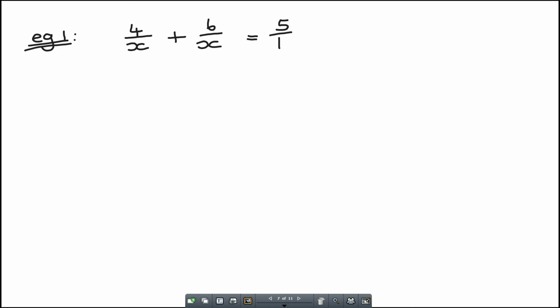So all I've got to change is this one. So how do I make this to x? I'm going to say times x. And if I do it at the bottom, I also have to do it at the top. So then I will have 4 over x plus 6 over x equal to 5x over x. Does everyone understand?